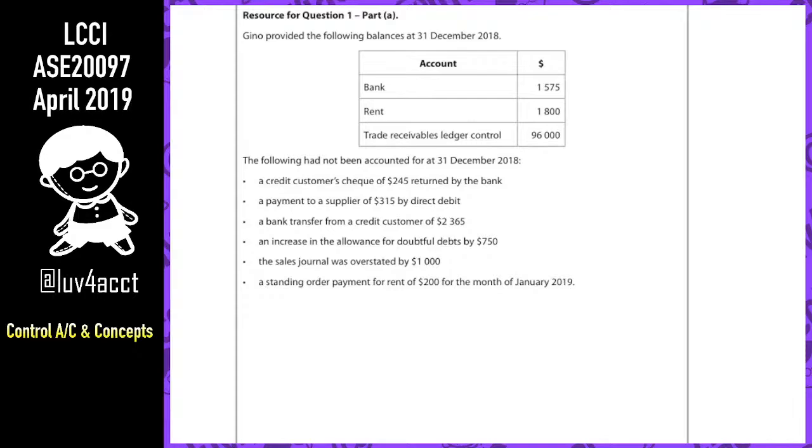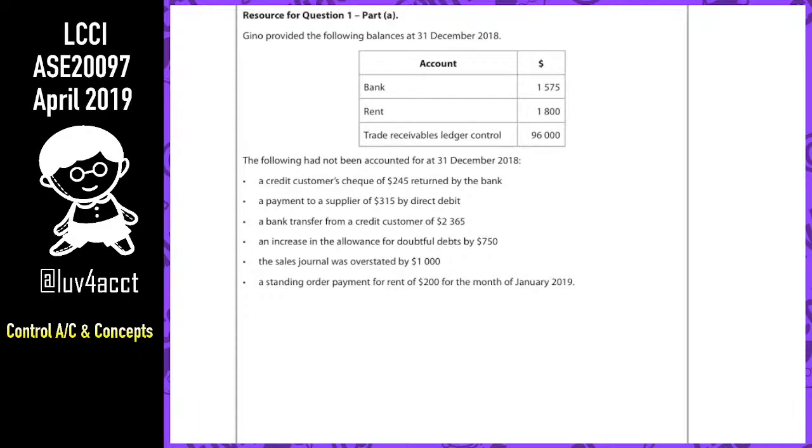A credit customer's check for 245 returned by the bank. Dishonored check. Payment to supplier, supplier not related to trade receivables, by direct debit. A payment. And then a bank transfer from credit customers 2365. An increase in the allowance for doubtful debts by 750.